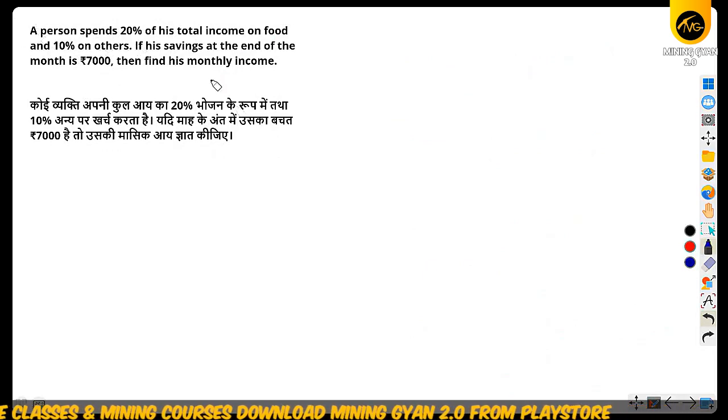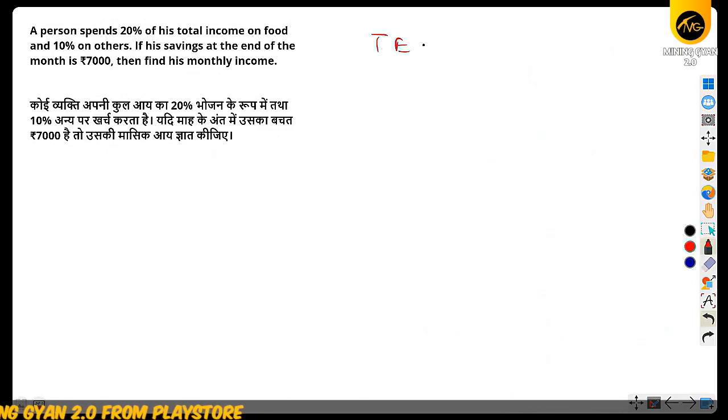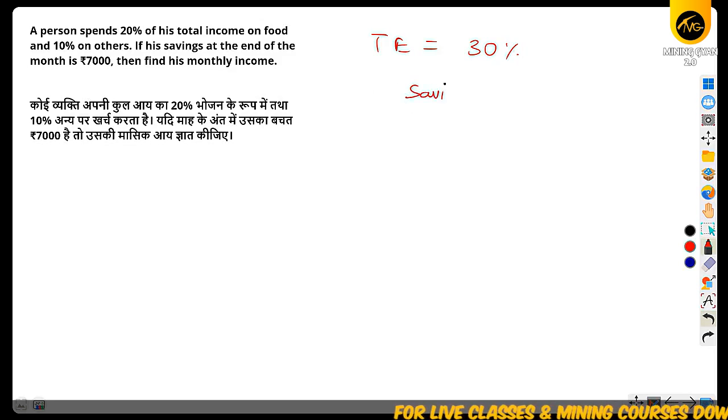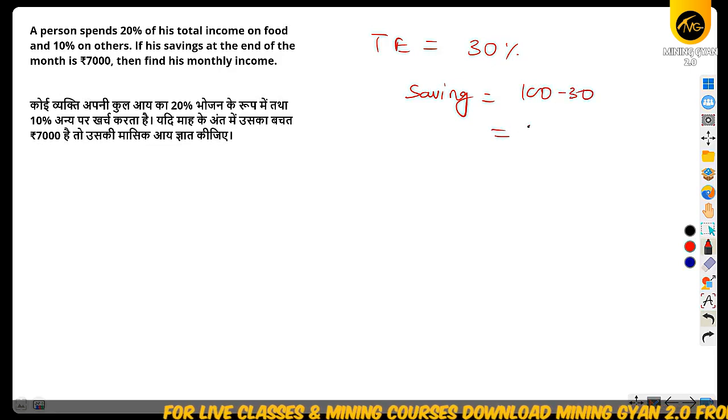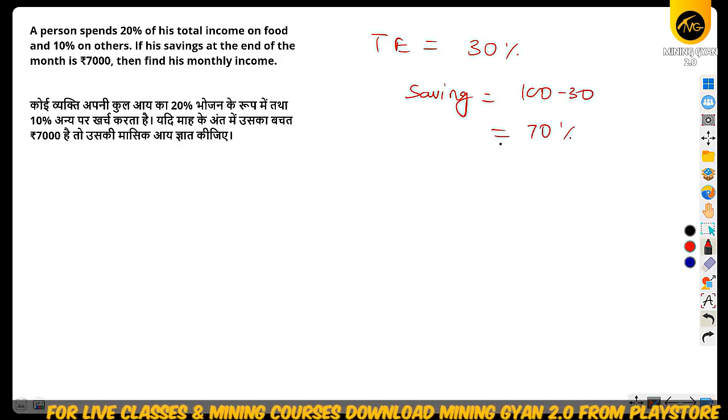Next one: a person spent 20% of his total income on food and 10% on others. So again, total expenses is equal to 20 plus 10, that is 30%. Saving is equal to 100 minus 30, that means 70% is his savings.